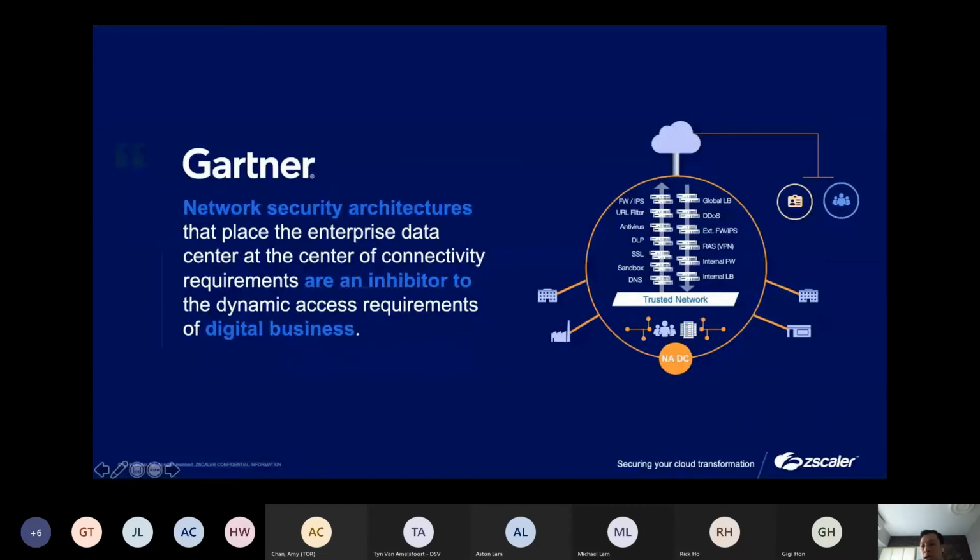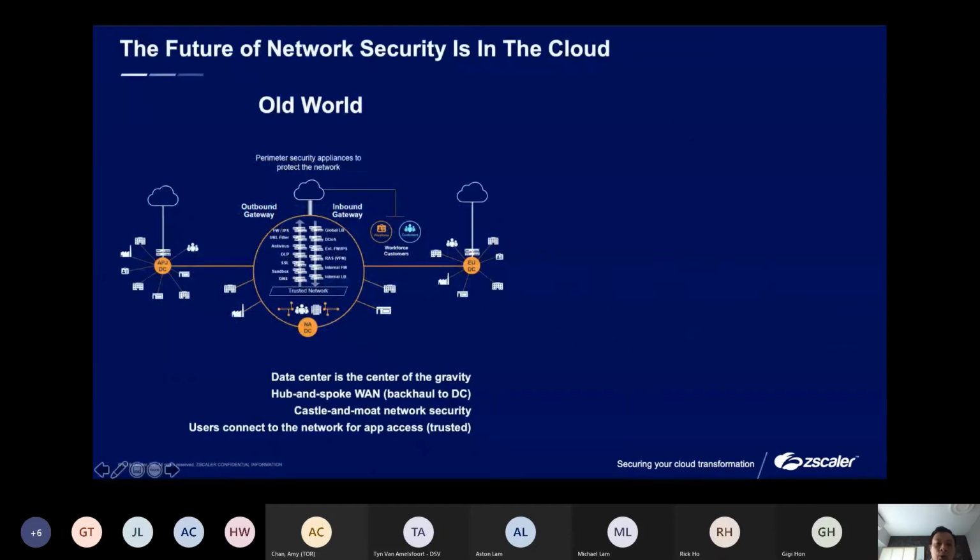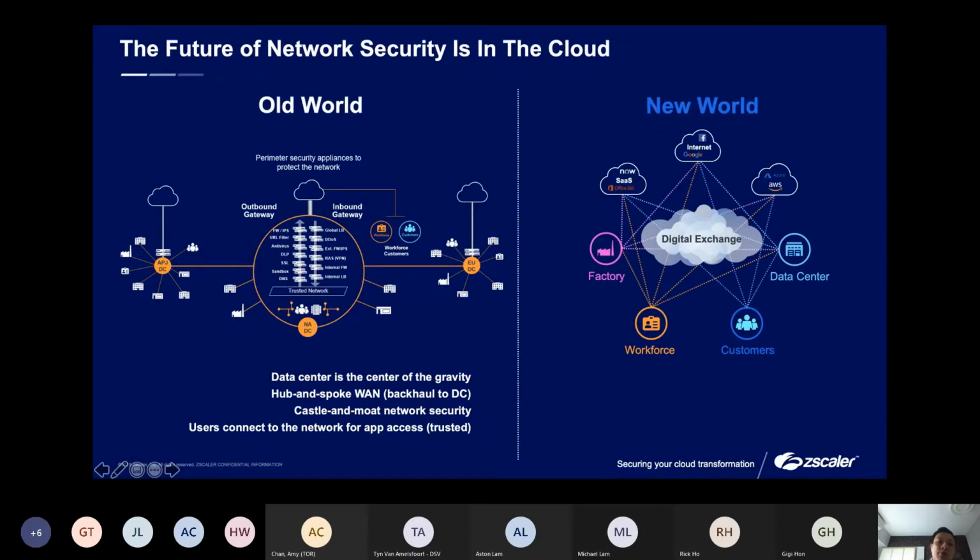And that's why many third-party authorities like Gartner are saying that in order to accelerate digital transformation, you need to move away from traditional network security architecture. At the same time, if you want to do zero trust architecture, you want to protect your users and allow them to have workplace transformation, and you want to protect your data no matter whether it exists in the cloud or internally, you also need to change to a new model, because your data is everywhere and your users are everywhere as well.